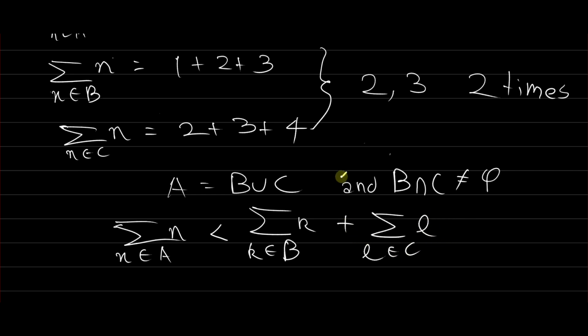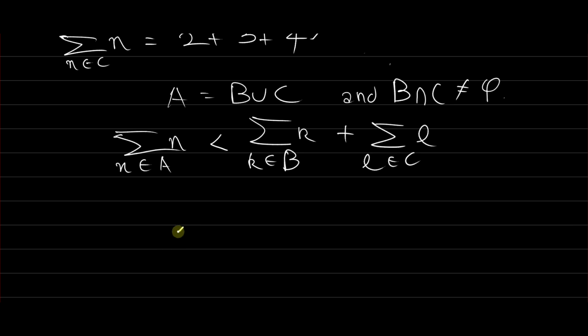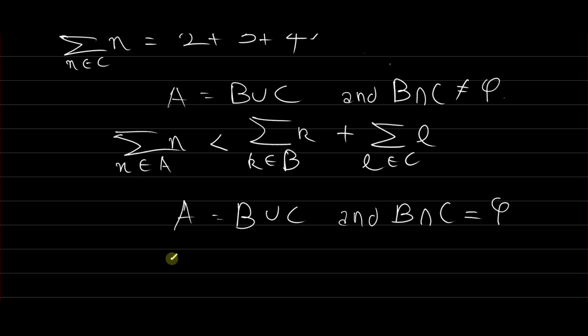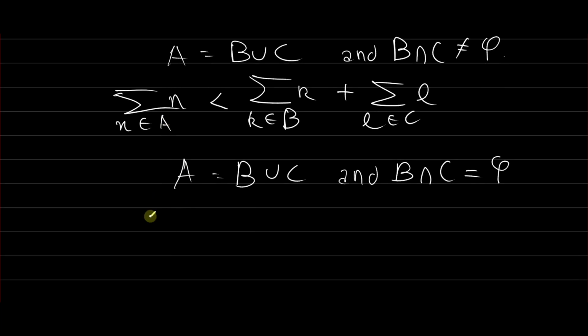See right here, if the intersection is not equal to phi, we are getting a sum of A less than the respective sums of B and C. It's smaller than that, but if we are taking B and C's intersection to be an empty set, A equals B union C, and B intersecting C is equal to phi, then this doesn't happen.